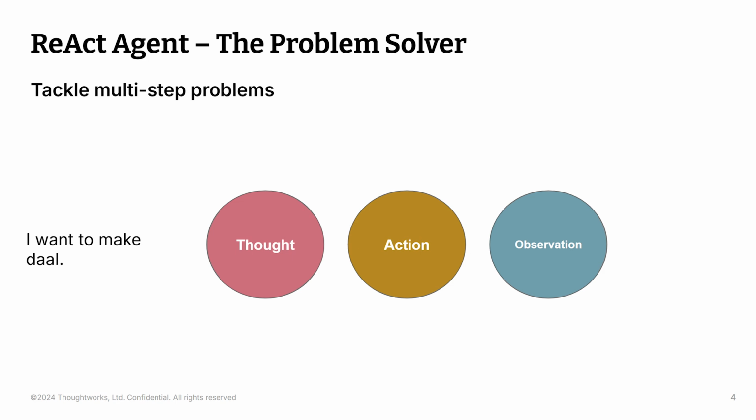So how would you go about making toor dal as a human? If I want to make toor dal, the first thing I'll think is, I should first check if I have toor dal. Right? Then the immediate next step: if I want to check if I have toor dal, what would be your action?